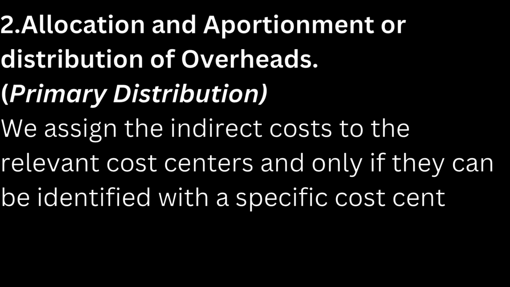This stage means that we are going to assign the indirect costs to the cost centers or the departments. Allocation of overheads is done only if they can be directly identified with the cost center or the department that relates to that cost.